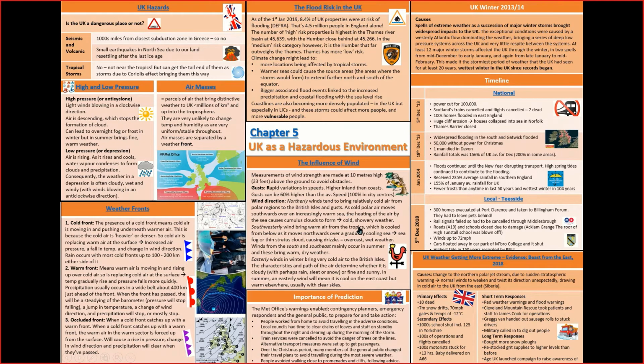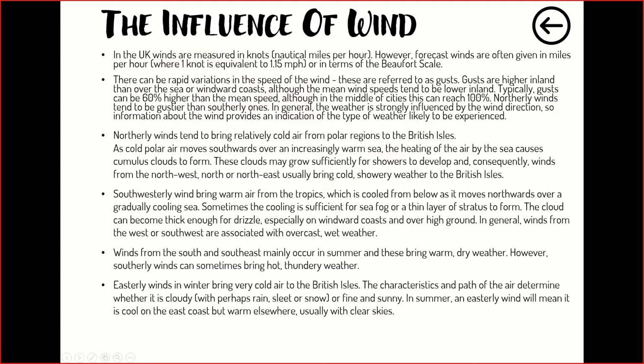Okay, so wind has a big impact on the potential for flooding as well. So let's have a little look at the influence of wind then. Now, within this, we have certain information that we need to sort of pick out. UK wind is measured in knots, and it's on the Beaufort scale.